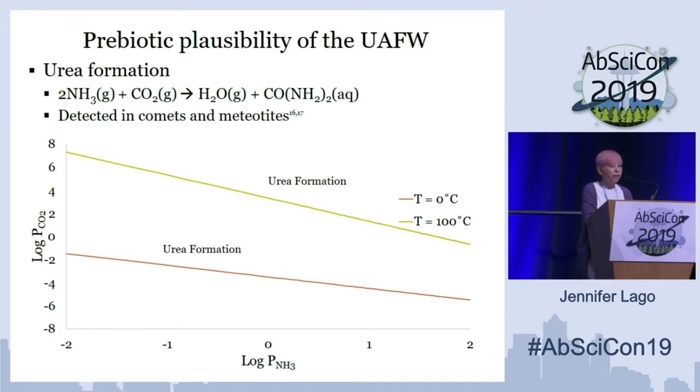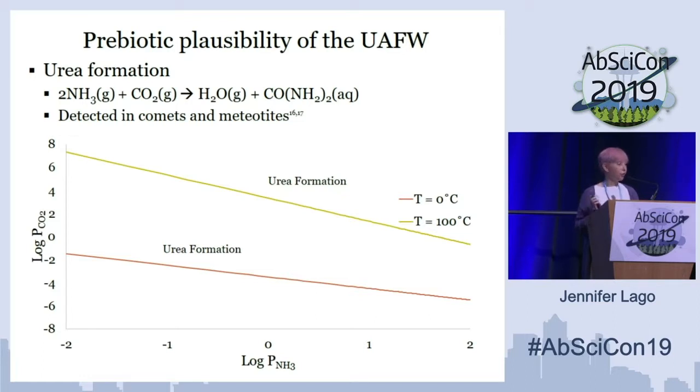Now we know that urea has been detected in comets and meteorites, and urea formation comes from a simple reaction between ammonia gas and carbon dioxide. So we did some thermodynamic work and plotted the urea formation on a log-log plot of the partial pressures of carbon dioxide to ammonia, and found that even in a lower ammonia atmosphere you would have urea formation.